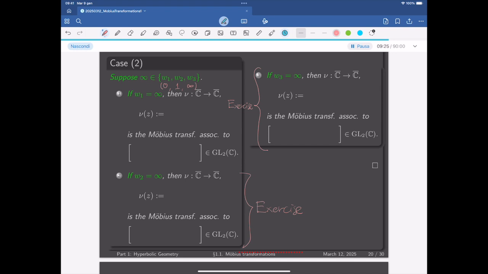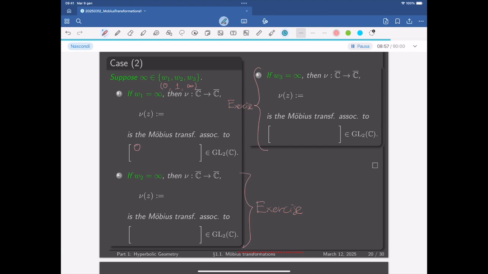So I want to send infinity to 0, which means A divided by C has to be 0. So A has to be 0. Alpha has to be 0.